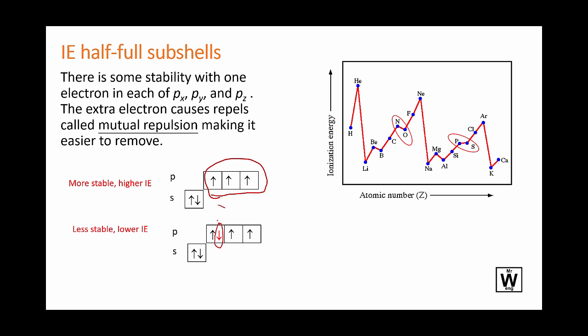Now that is an extra electron that's in close vicinity in the subshell, and so that actually is something called, a new term here, mutual repulsion. And so that is unstable, and it's easier to remove the electron from there instead of the electron from the half-filled subshell. Not as stable as a full subshell, but a half-full subshell has some stability also. So that explains the last one.